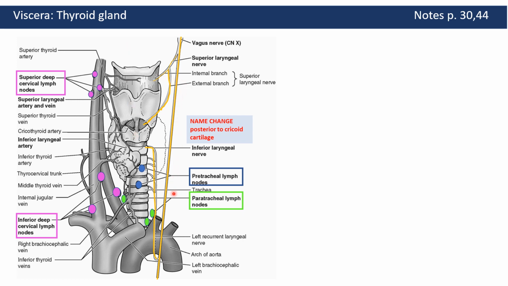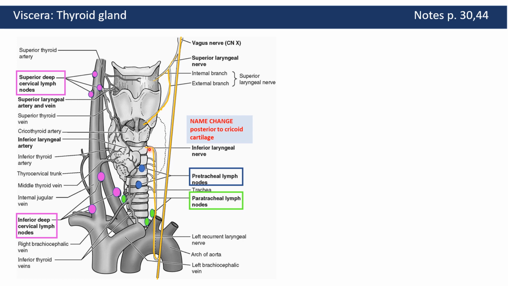The vagus nerve also gives off the recurrent laryngeal nerves. Notice that where it comes off is slightly different on the right and left, because on the left it goes around the arch of the aorta. And so the recurrent laryngeal nerve then goes up and provides motor innervation.